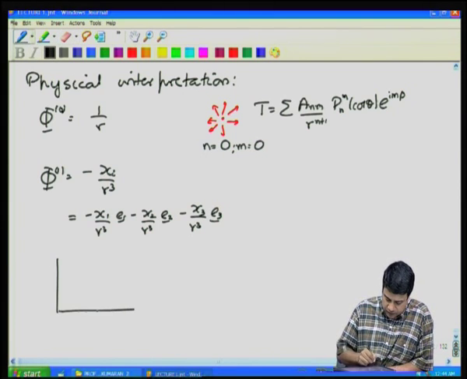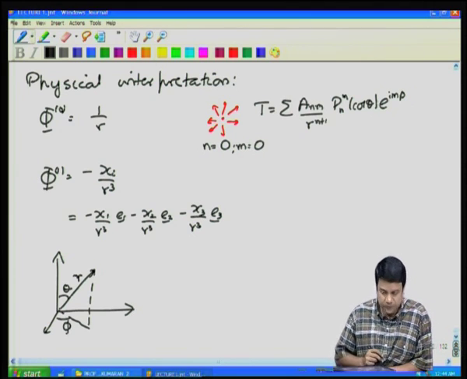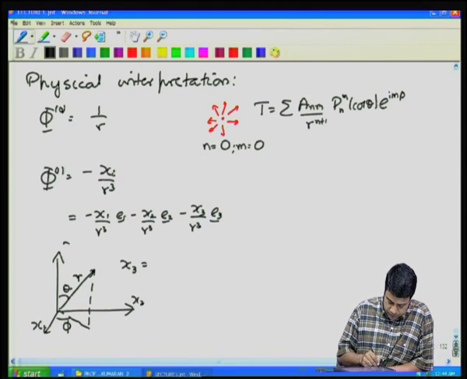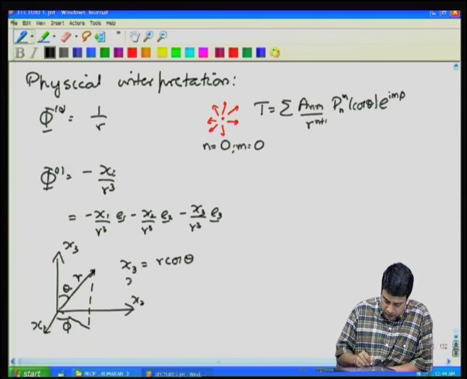If you recall the spherical coordinate system that we had, this was the distance r, this is theta, this is the angle phi. And you know that along the 3 axis, x_3 is equal to r cos theta, x_1 is equal to r sin theta cos phi, and x_2 was equal to r sin theta sin phi.